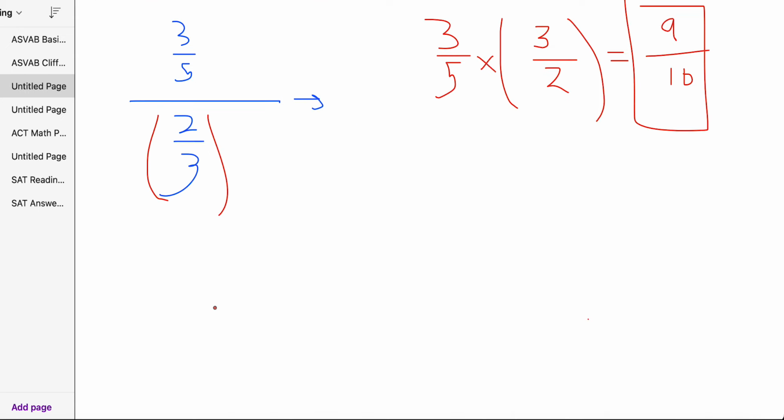Now the question is, what if you're given improper fractions? So, say, 2 and 2/3 divided by, let's just do something like this, maybe 3 and 1/5.